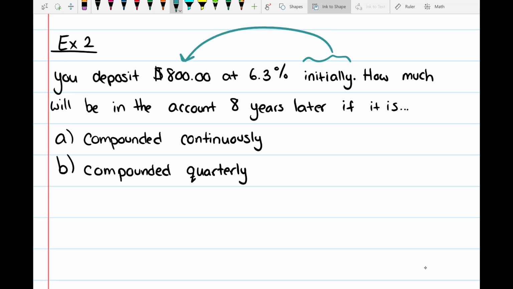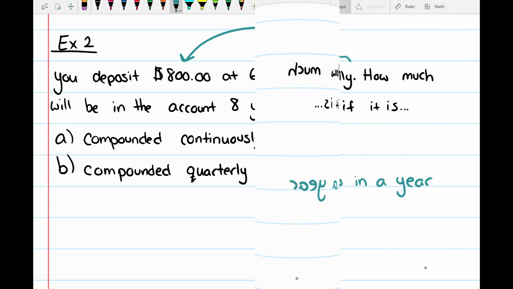How much will be in the account 8 years later if it's compounded continuously or compounded quarterly? And if you don't know what quarterly means, this means 4 times in a year. So what I want you to do right now is, on your own, try to determine both of these: A, if you compound continuously, and then B, if you compound only quarterly.